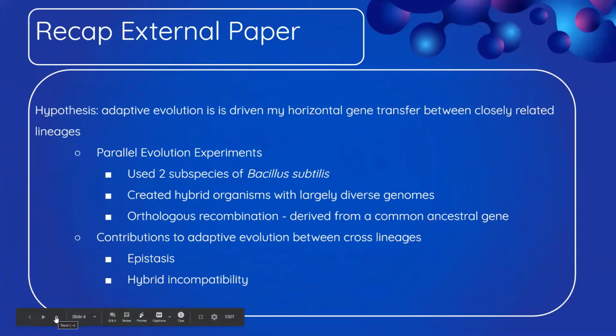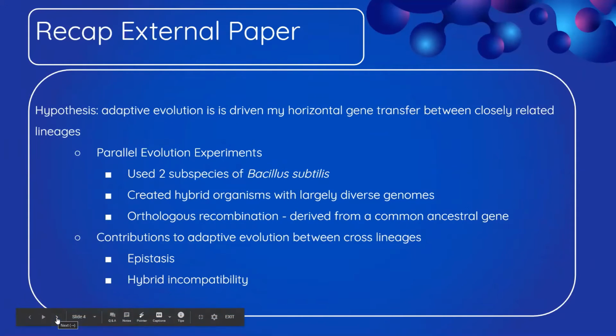Researchers did a parallel evolution experiment where two subspecies of Bacillus subtilis were used because they shared a common ancestral species. As they multiplied, there was a hybridization between the two subspecies, a largely diverse genome, and a new hybrid microbe was created. This was due to horizontal gene transfer, or more specifically, orthologous recombination.